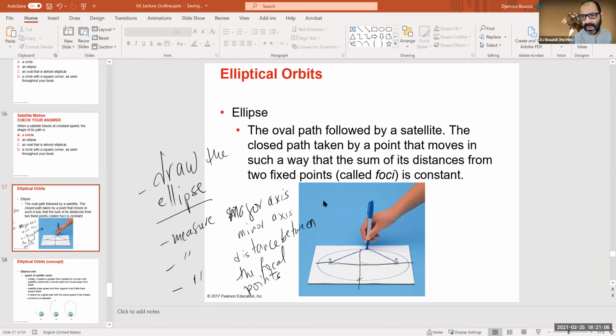This distance from here to here is the minor axis, and this distance is the last distance you're supposed to be measuring with your own ruler. You guys understand the task? And post it in the discussion with a picture. Post a picture of your measurements.